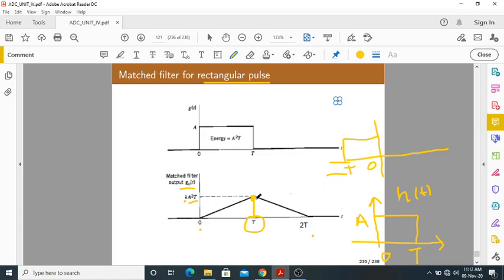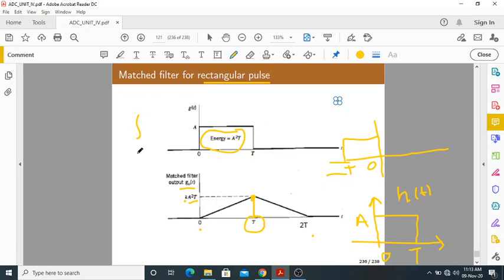Now, if we sample at t equal to capital T, that is k into A square into T. Anyway, k is a constant. You can take k equal to 1 also. What is that value? A square into T. But what is A square into T? Energy of g of t. What is the energy of the signal?